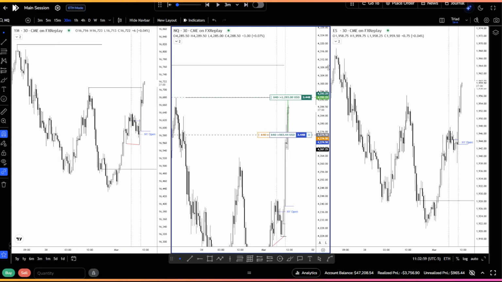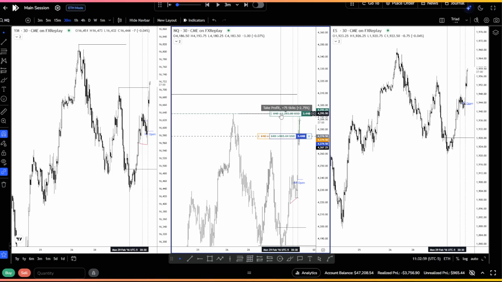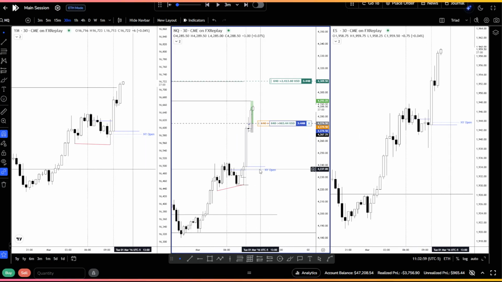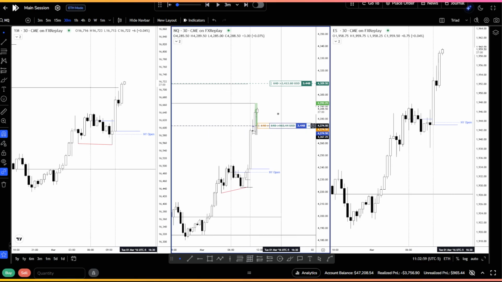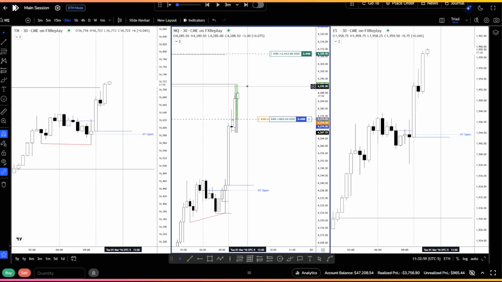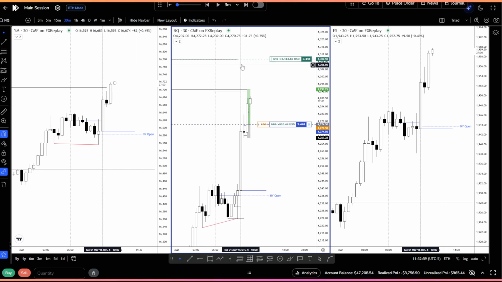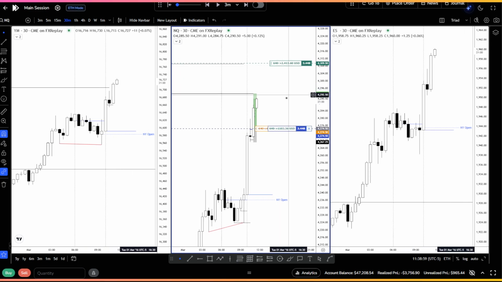I can probably even target these highs here because of the way it's expanding. I can take partials here and then take the rest to the upside.